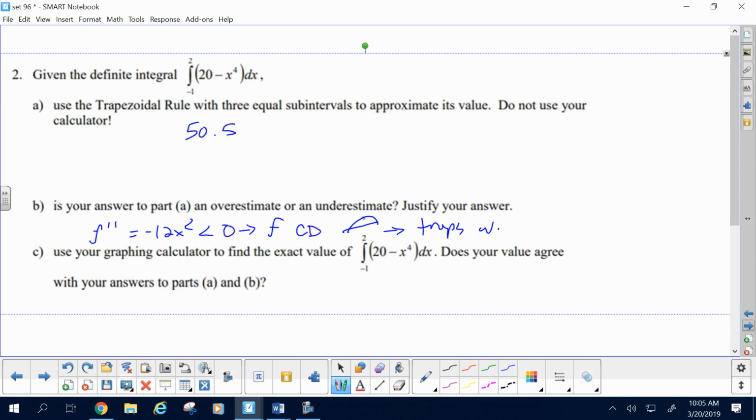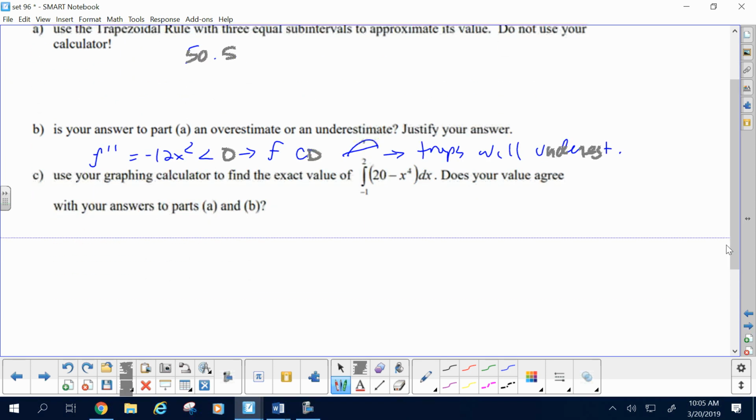Traps will underestimate, right? All right. The true value of that was 53.4. This also is logical. 50.5 is less than 53.4, so trapezoids did underestimate.